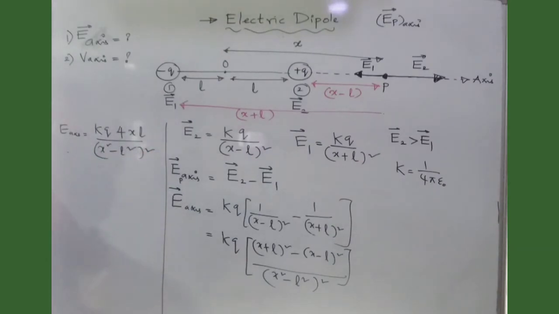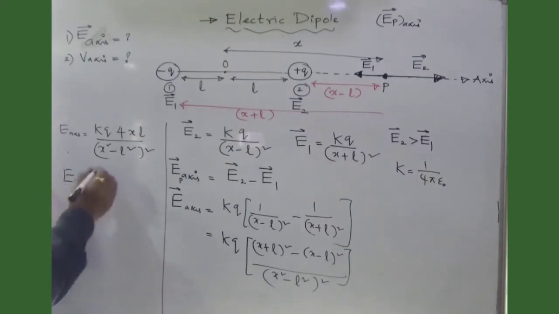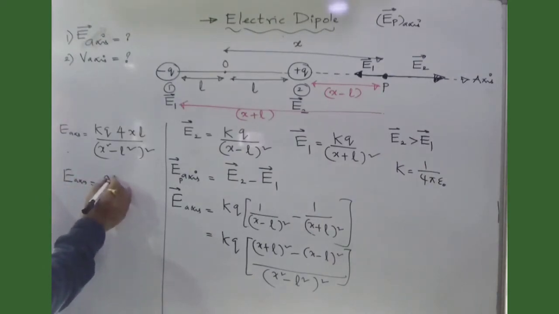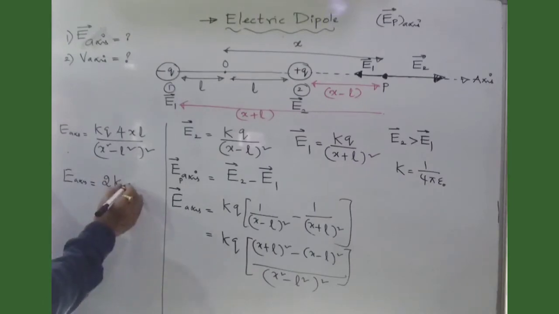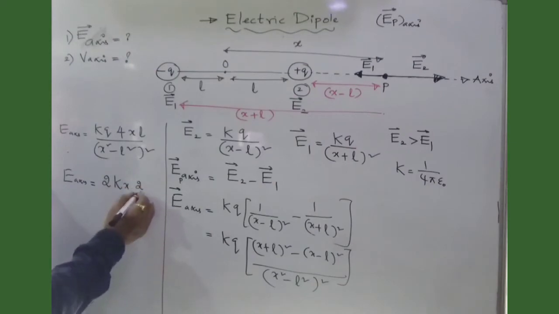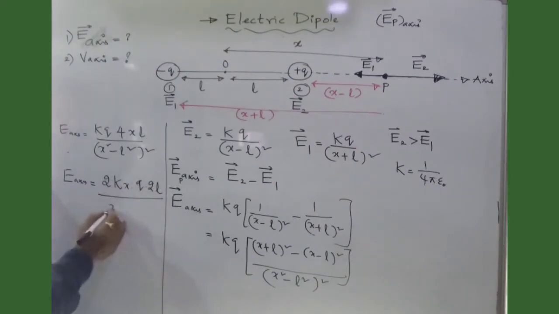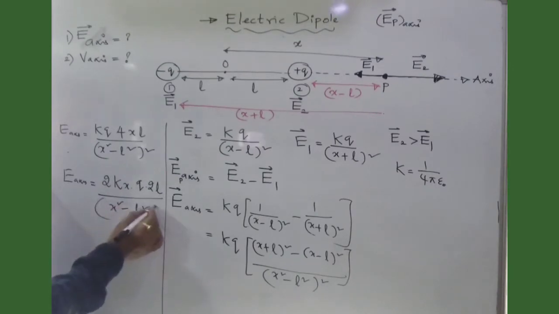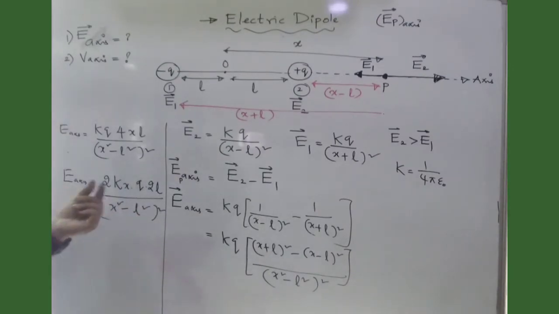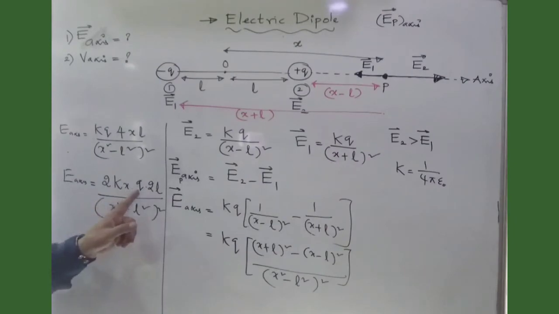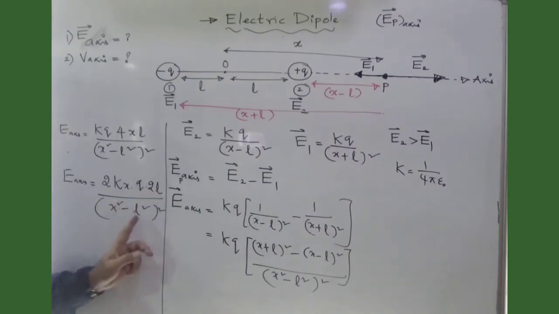Understood? So E axis is equal to KQ times 4xL over (x square minus L square) whole square. Now I write 4 as 2 into 2, so 2kx times q into 2L divided by (x square minus L square) whole square.